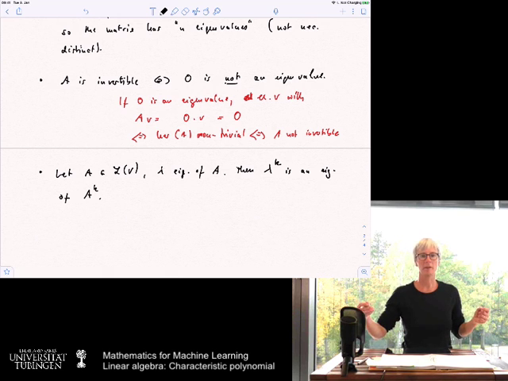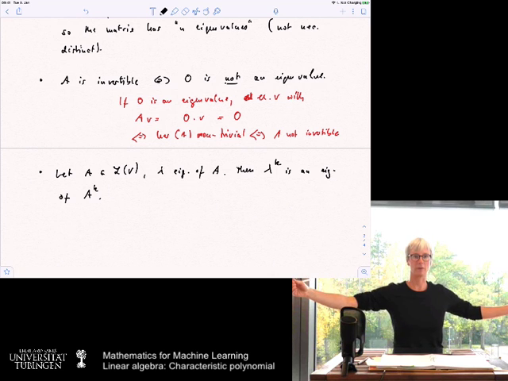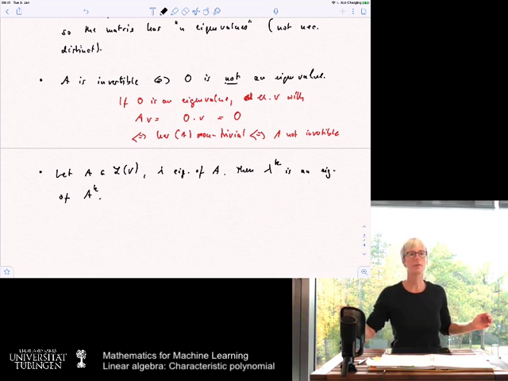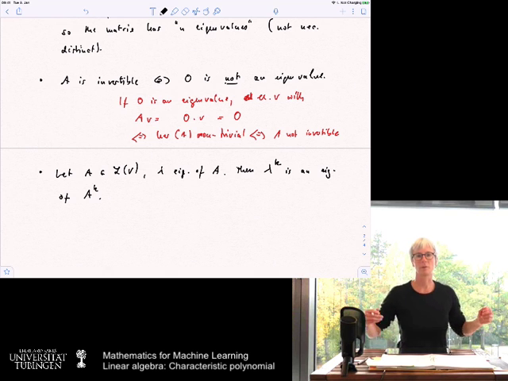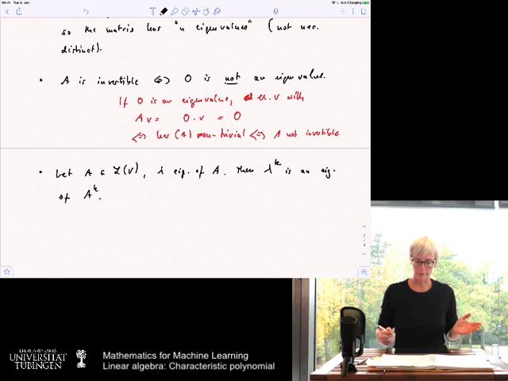If I apply the mapping once more, I get another factor 5 and another factor 5 and so on. So if I apply my mapping several times, each time this vector is going to be stretched by a factor of lambda, sorry. So all in all, it's going to be stretched by a factor of lambda to the power of k if I repeat that thing k times.